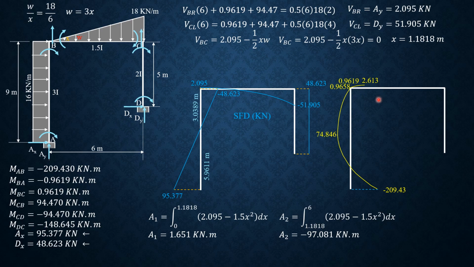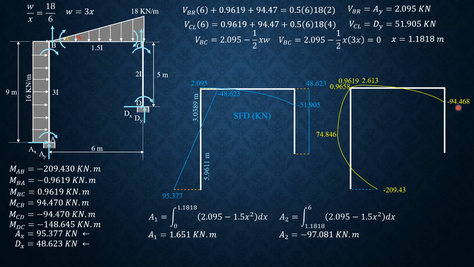So 2.613 plus this area, which is negative 97.081, negative increasing, and we'll have here a net moment of negative 94.468. The expected value is 94.47, so that's very fine.